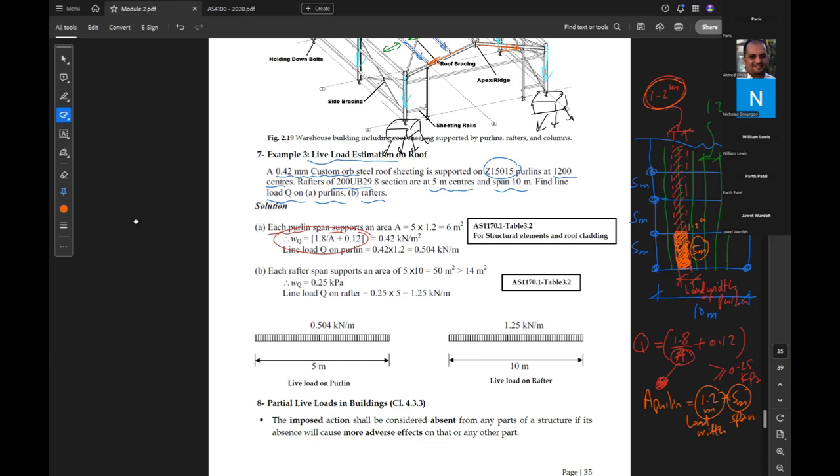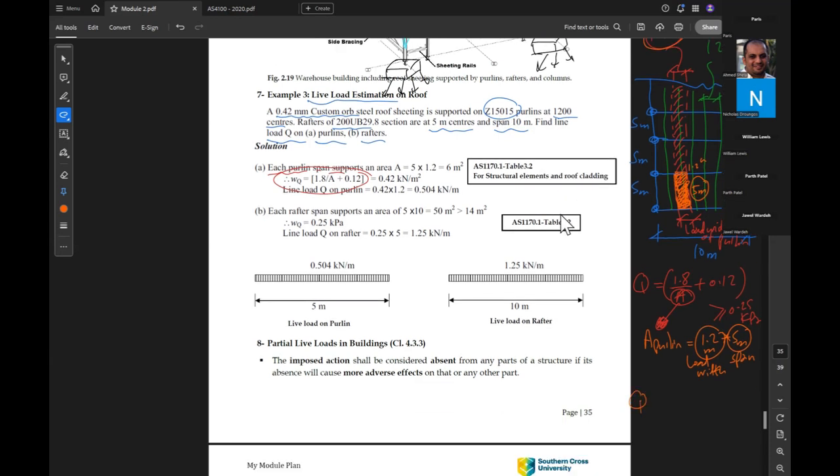So area of the purlin is 5 times 1.2. If we substitute in the formula, Q will be 1.8 divided by 1.2 times 5 plus 0.12. So this gives us 0.42 kilonewton per square meter.